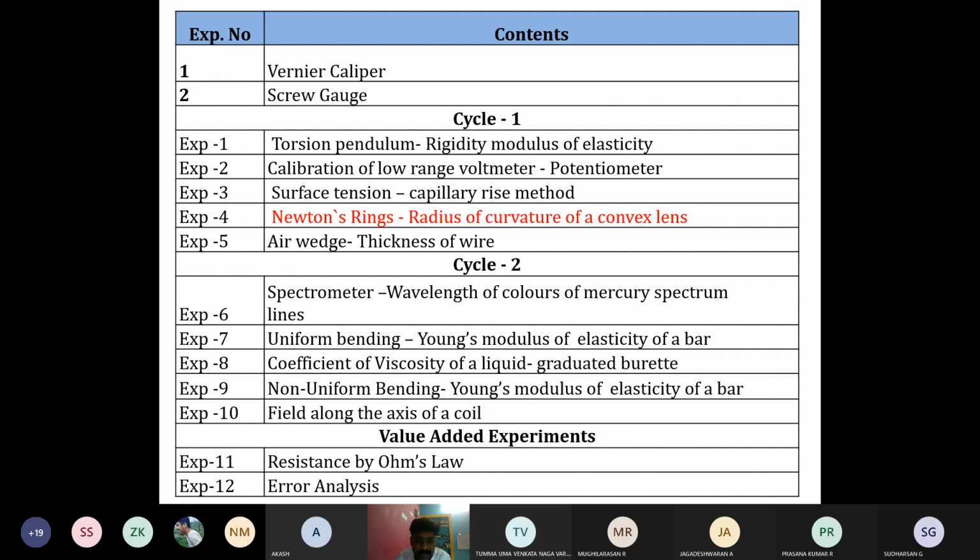This Newton's ring experiment is almost similar to the air wedge experiment. How is it similar? In the air wedge experiment, instead of a convex lens, we used plain optically transparent glass plates.